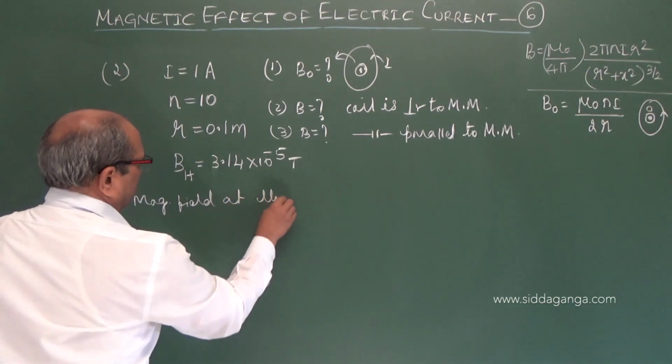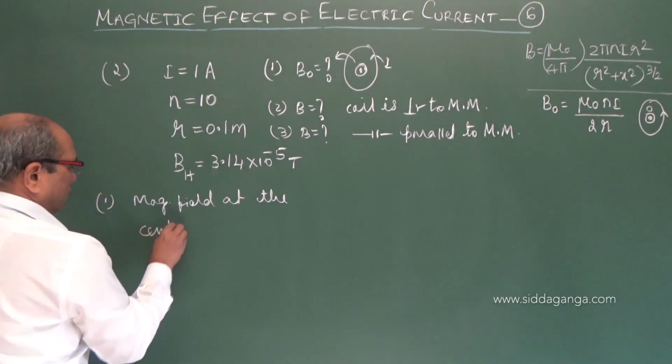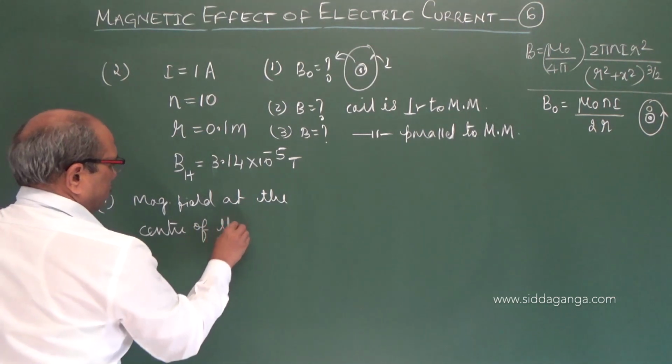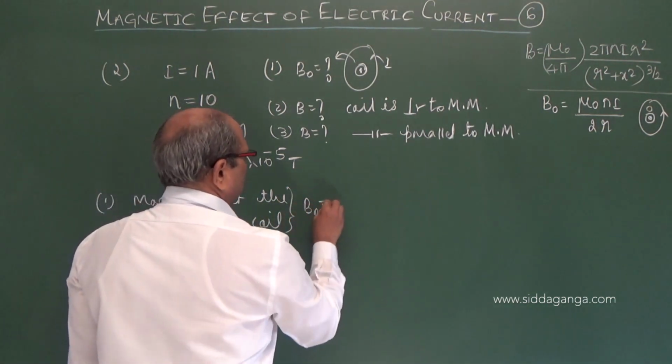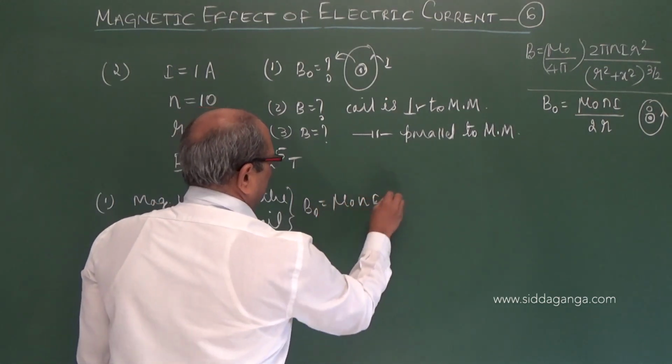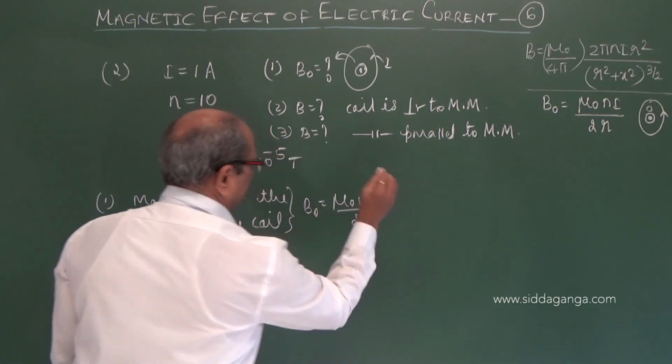In the first part, let us find the magnetic field at the center of the coil. The same formula, B0 equal to mu naught N i by 2R.